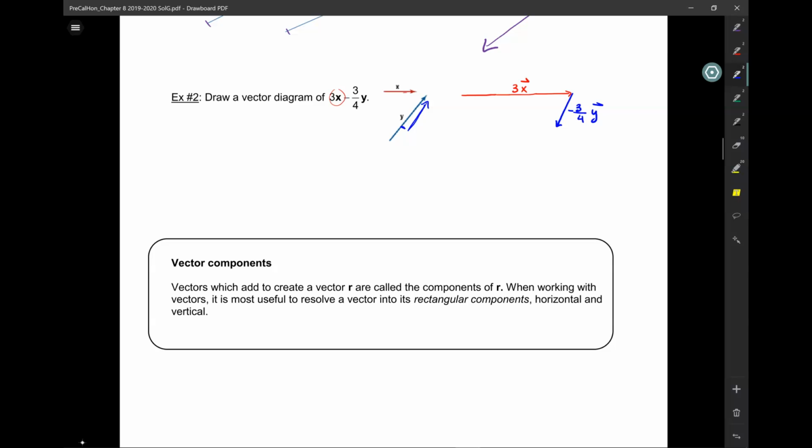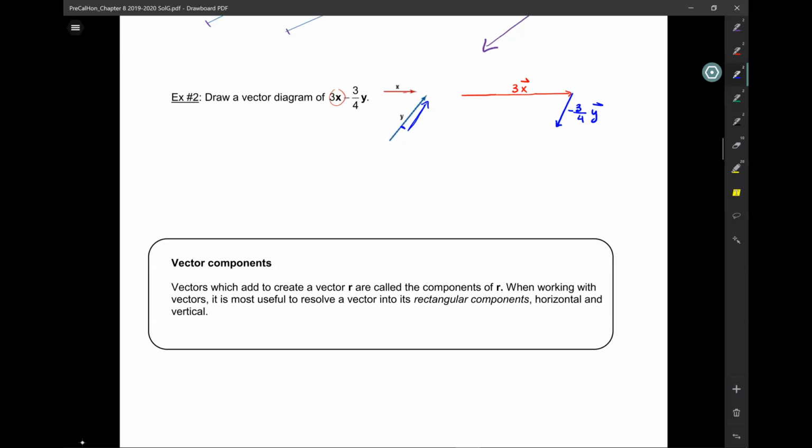It's just that one might be a negative, one might be a positive, right? But there's no such thing as subtracting vectors. There's no such thing as dividing vectors. There's no such thing as multiplying vectors. Those operations are operations that we use on numbers. They don't work on vectors because vectors are not numbers. They're different beings entirely. Okay?